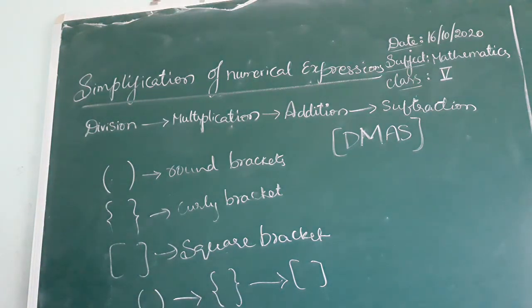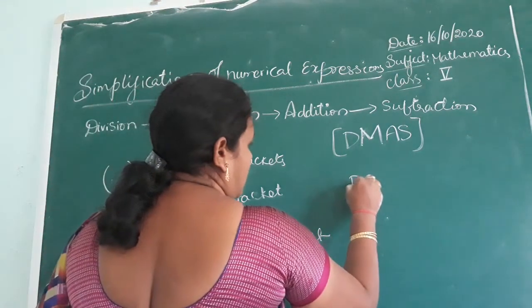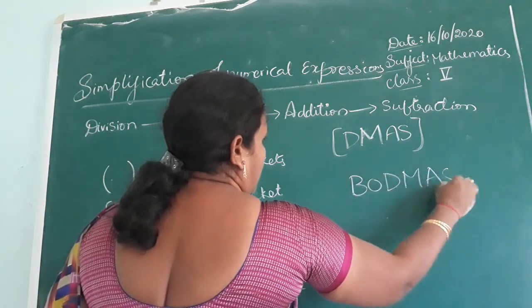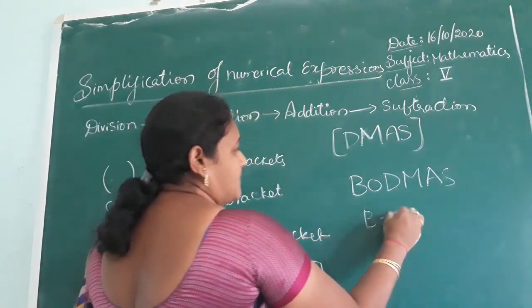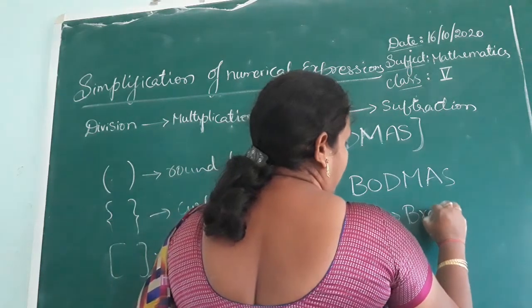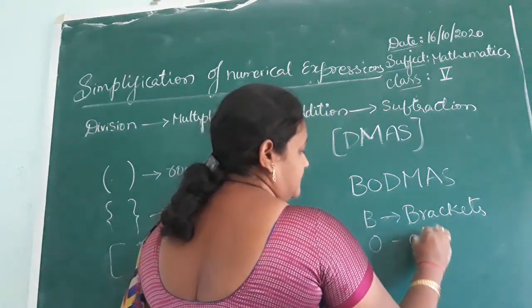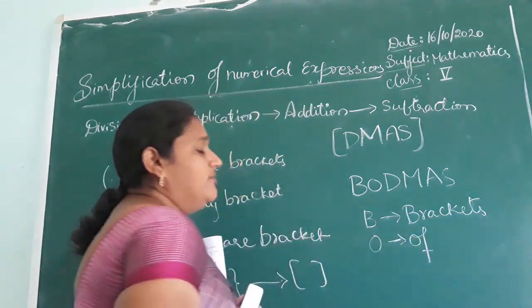How will we solve the sums? There is a simpler model, a particular order given to solve the simplification of numerical expressions. That is called BODMAS. B stands for bracket. First we should simplify whatever brackets are given. Next, of: the word of.